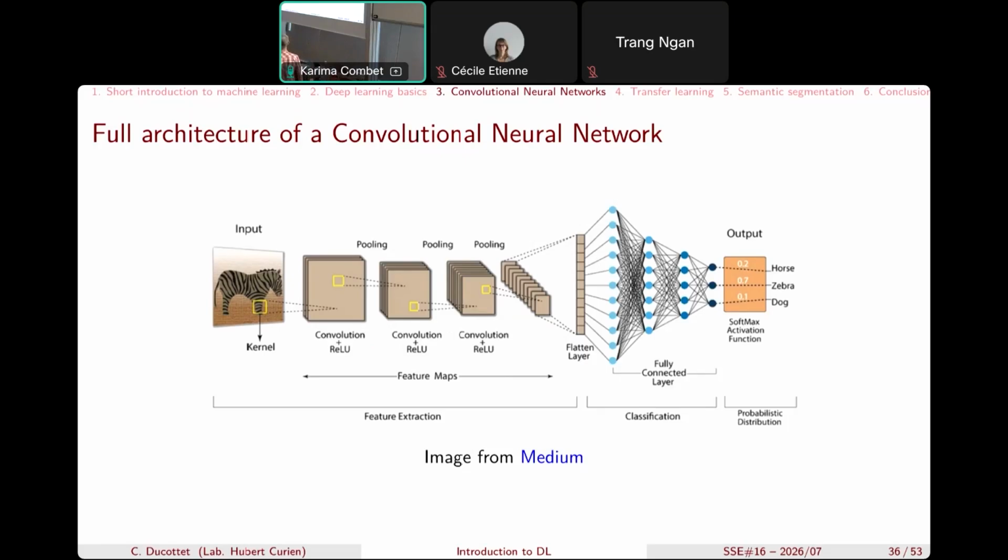In the first part, we want to extract some features, so we want to represent each pixel by a feature vector. Then here we have all the feature vectors, and with all these feature vectors, we want to take a decision. And we take it gradually by adding some fully connected layers, which will mix all the information from all the pixels and all the channels.